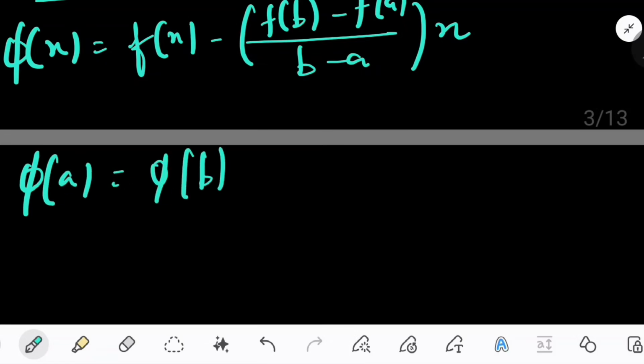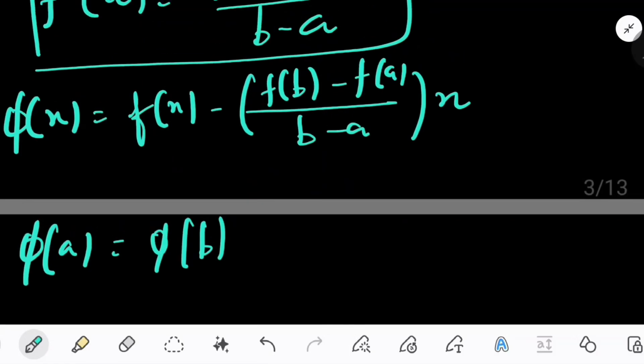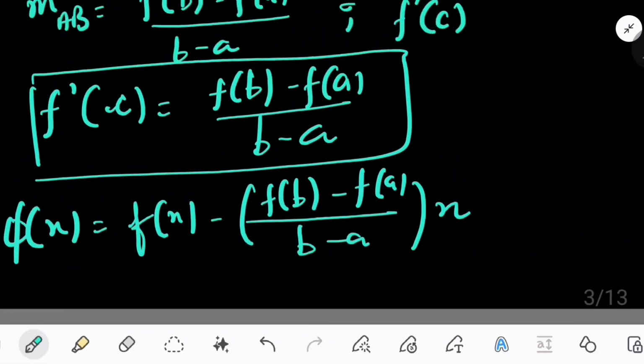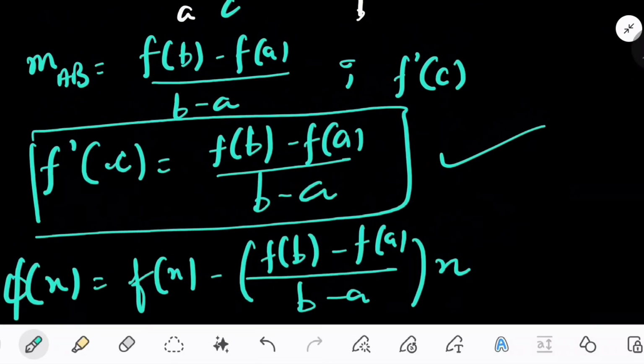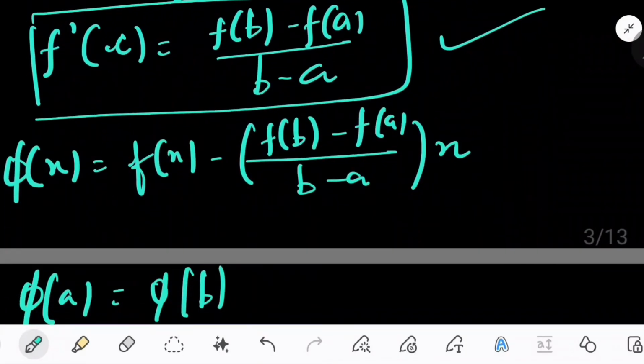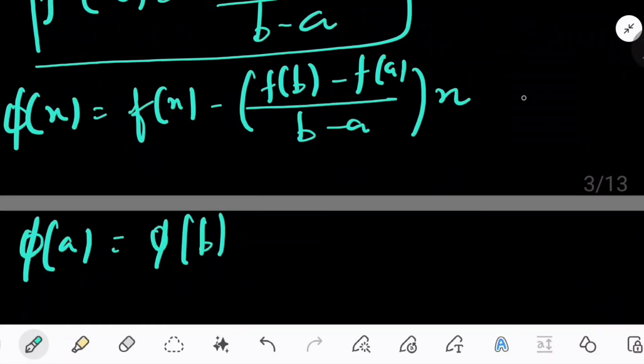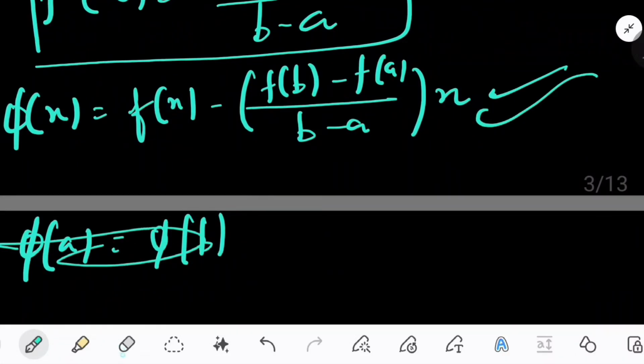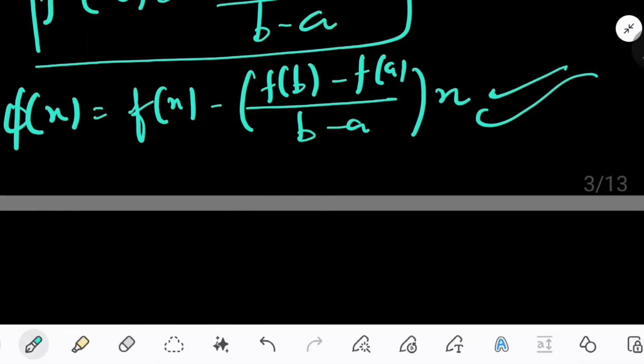So you will apply Rolle's theorem and differentiate phi of x and you will get this expression only, right? But I don't believe much in this because if you know the graphical approach it will be very easy. But for knowledge purpose you should know this. Maybe I should write over here that phi of A is equal to phi of B, right?